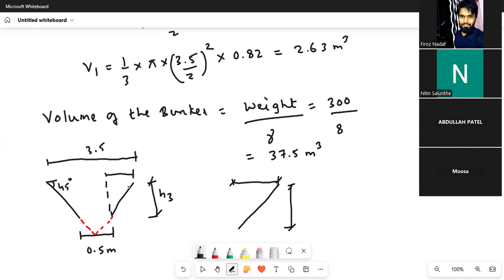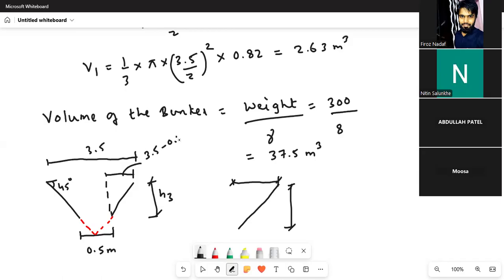Because the angle is 45 degree, the horizontal distance and the vertical distance will be equal. Since the angle is 45 degree, this horizontal distance and this vertical distance will be the same.